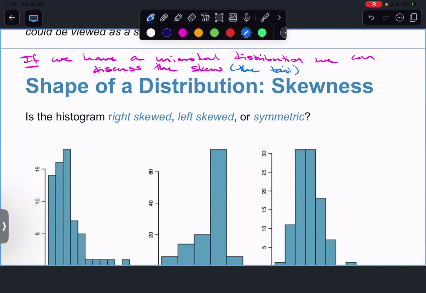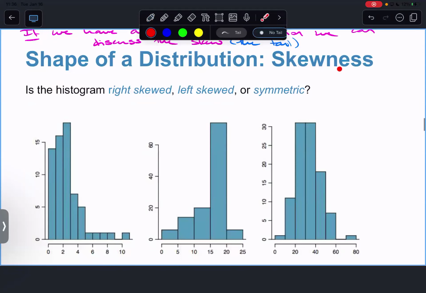Before we had any terminology, we said it looks like there's a tail going to the left and there's one peak. Now we're going to switch that terminology to say it's unimodal and it's skewed. And when we talk about skewness, it's always skewed in the direction of the tail.